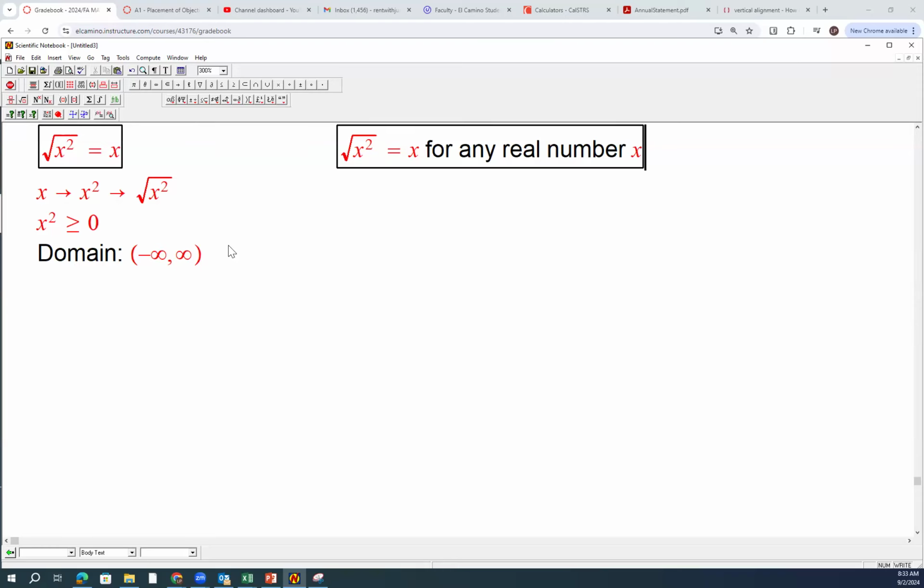Now, the question is, is it true? Mathematical truth. Before we talk about it, what is the criteria for truth in math?